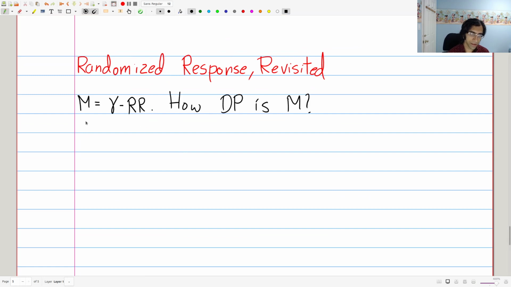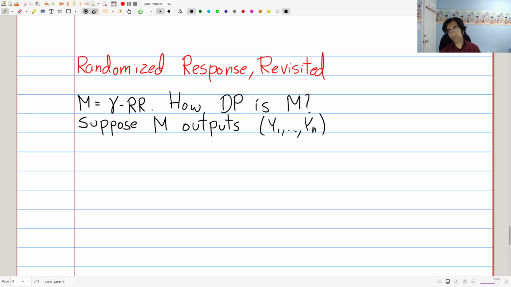In particular, we're going to suppose M outputs y1 through yn. Recall when we were talking about it earlier, we were saying that it outputs some function of these yi's, but if you show that this is differentially private, then something called post-processing will allow us to argue that any function of this bit string y1 through yn is also differentially private.